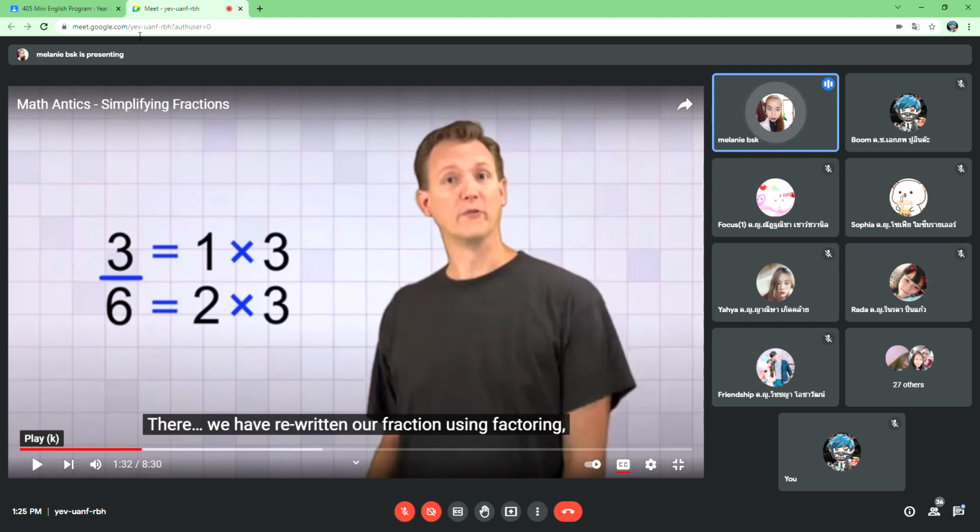Okay, children, so we have here the common factor of 3 and 6. What's the common factor of 3 and 6, children? Because we have learned the last time, what was the lesson that we had last time? Not simplifying fractions. Last time we had the comparing of fractions, right?